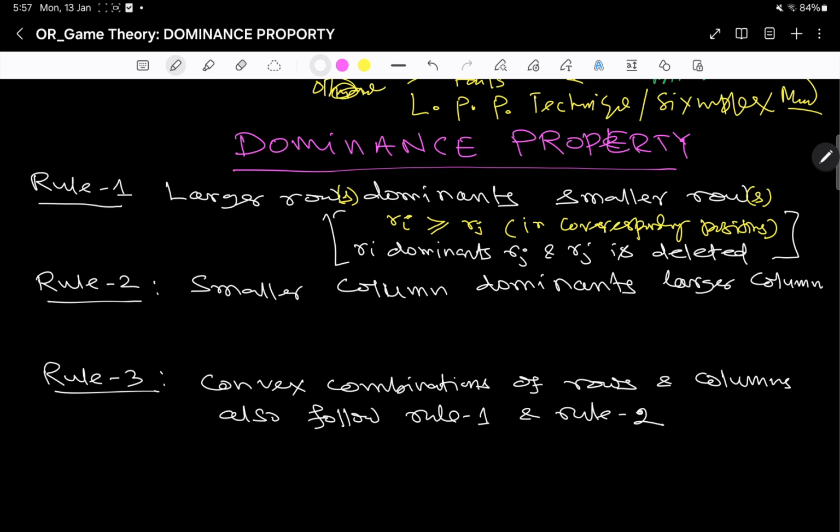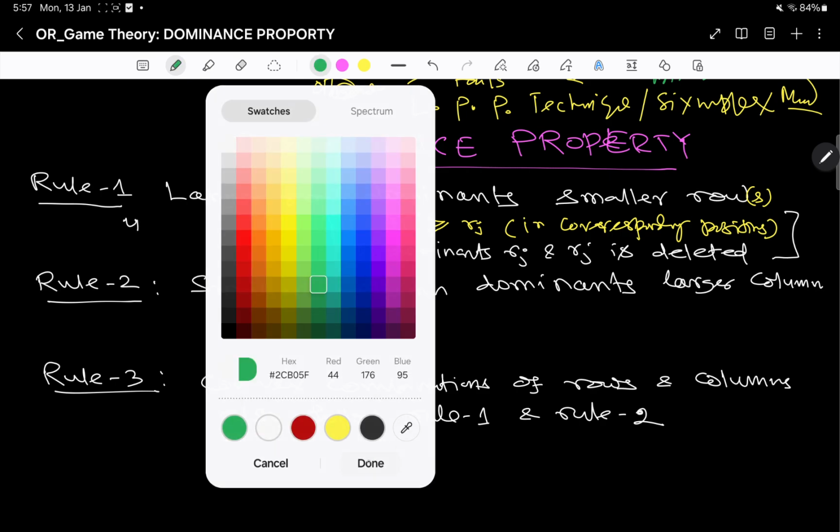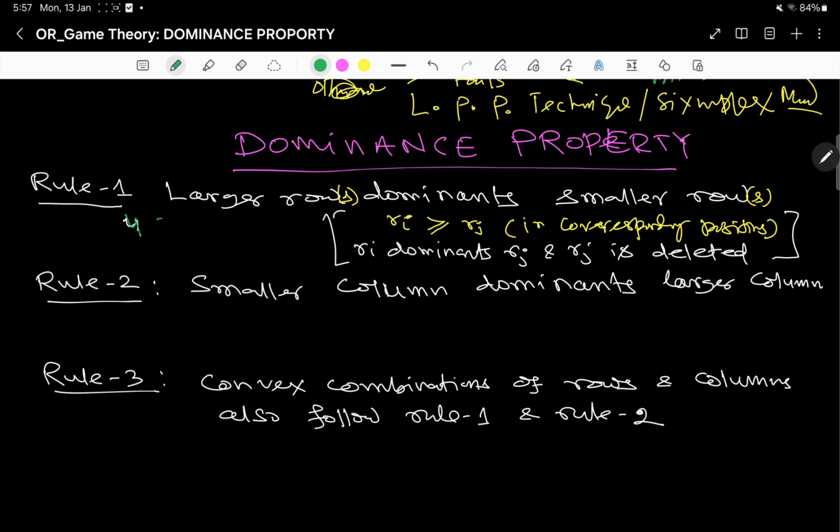For example, suppose you have rows like this: 4, 7, 9, 3, 2, and 2, 6, 5, 2, 1, and 5, 3, 4, 9, 8.